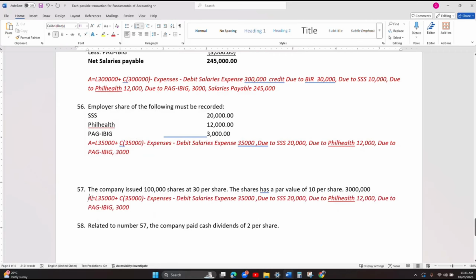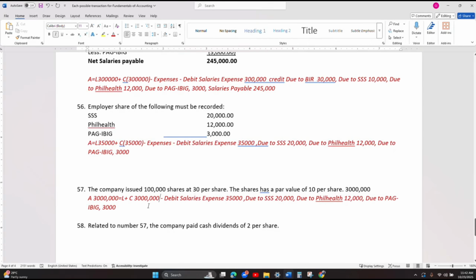The effects will be, the asset will increase by 3 million. And the capital will also increase by 3 million. Basically the same with owner's investments in the sole proprietorship. That's the analysis, right?